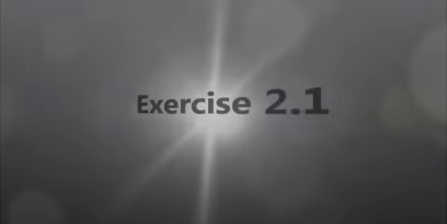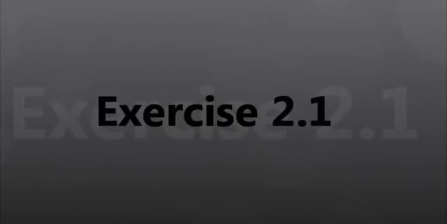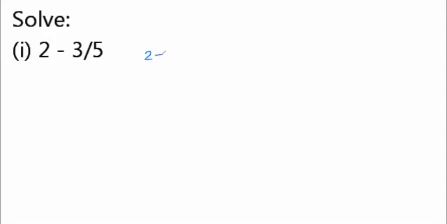Let's solve a few examples from your exercise 2.1. So 2.11, let me take 2 minus 3 upon 5. The whole number 2 can also be represented in fraction form as 2 upon 1.